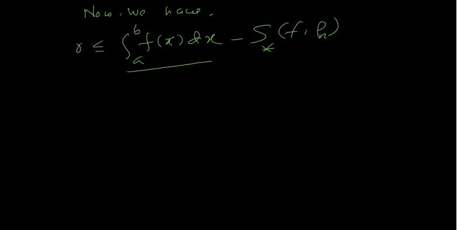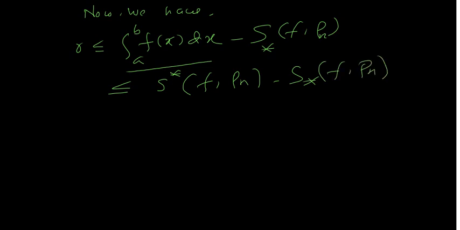Actually the lower sum is always less or equal to the upper sum for any partition Q. So that means this lower sum is always less or equal to the infimum of the upper sums, which is equal to the integral. And this is actually the infimum, so it's less or equal to the upper sum of the function f with respect to the partition Pn minus the lower sum of the function f with respect to the partition Pn.